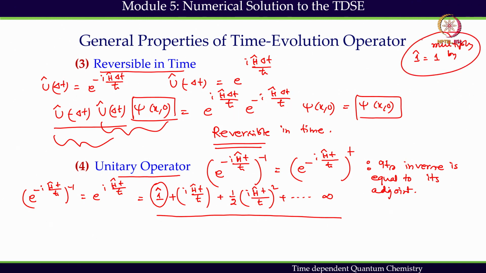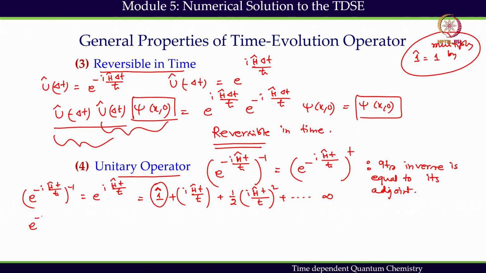And to make the notation correct here, every term we have made to be an operator. That is why we are giving this cap, otherwise it is just 1. So, we will now look at the adjoint. How does it look like?